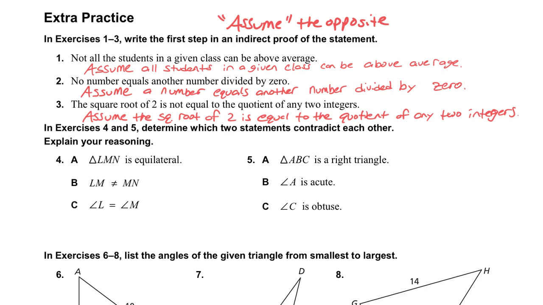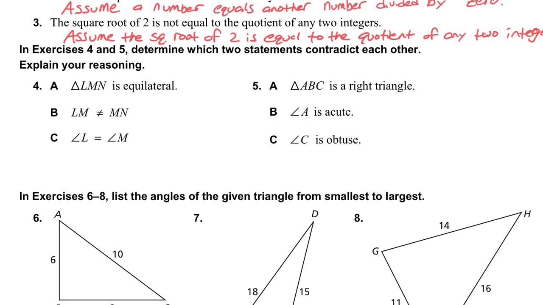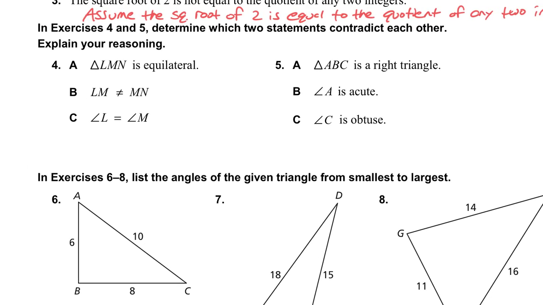Okay, now let's go to the next part. Now let's get away from writing those first statements and determine which two statements could contradict each other, and then explain your reasoning. All right, let's look at the first one, number 4. It says triangle LMN is equilateral, but then it says segment LM is not equal to MN.